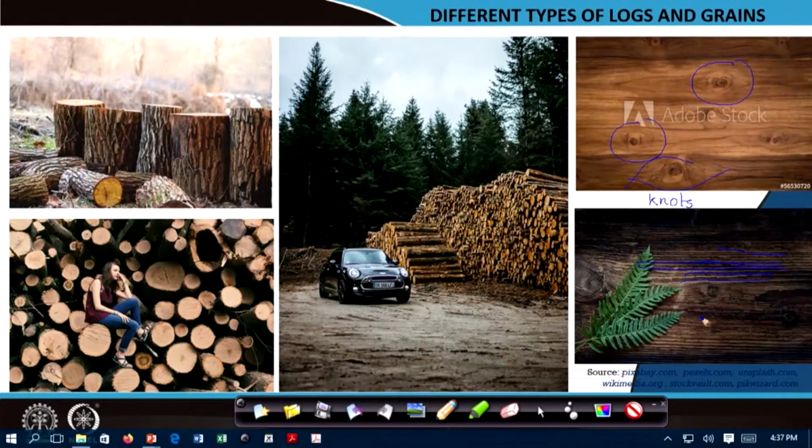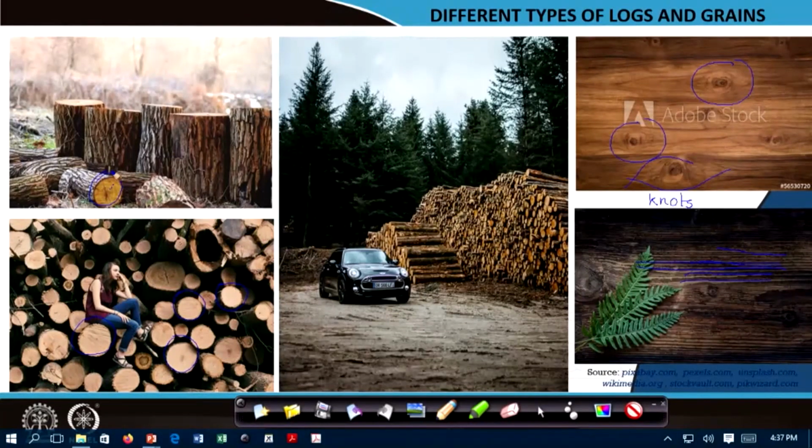Also notice in this picture, the color is very uniform. But if you see this cross section, it is a little different. If you can faintly see, there are some separate lines, by which you can distinguish some layers.